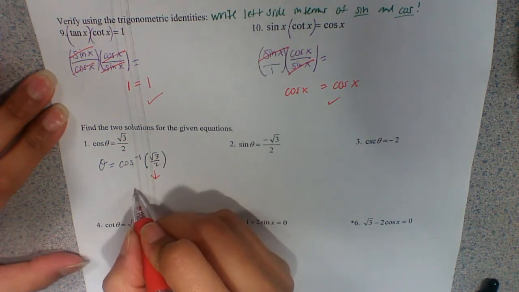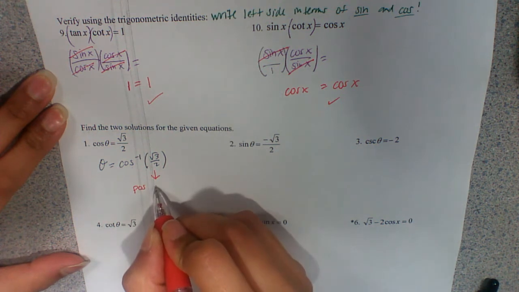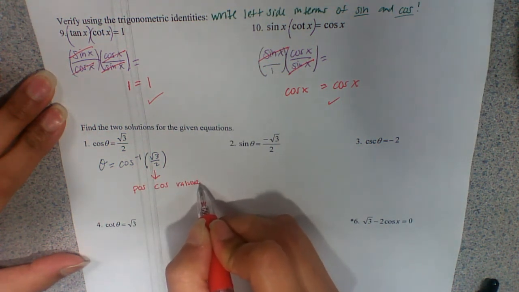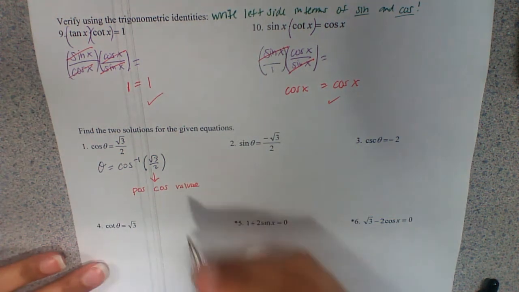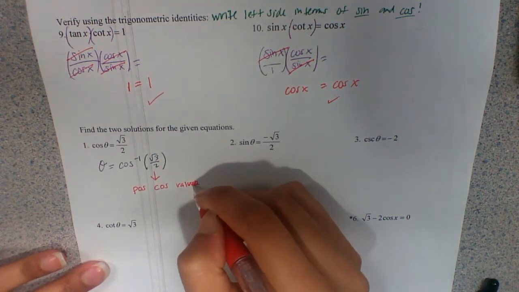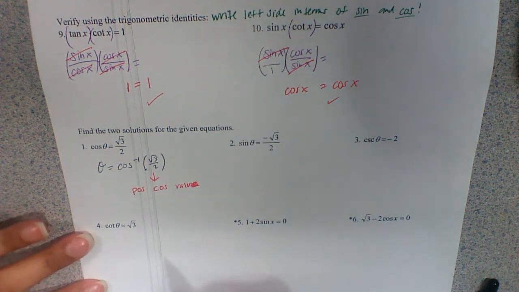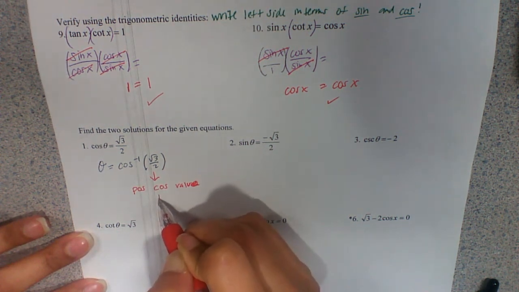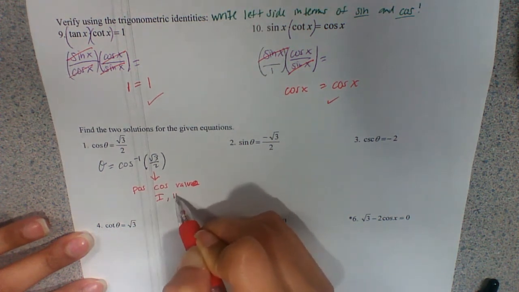So now I have to think, okay, where is cos a positive value? And cos is positive on the entire right side of a unit circle, so quadrants 1 and 4.